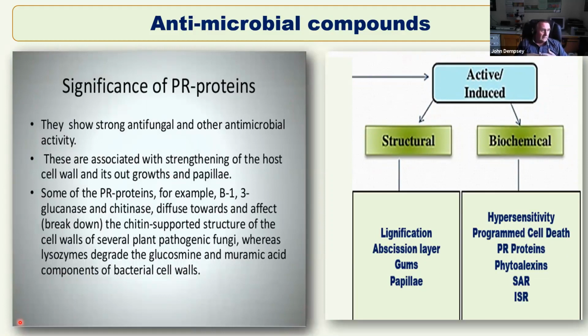An example of these PR proteins would be chitinase. Now, fungal cell walls contain mostly chitin. So some of these PR proteins are chitinase, and this means that when they come in contact with the fungal cell walls, they will actually break down the chitin. And I can tell you the fungi don't like that. So that's one way the plant fights back.